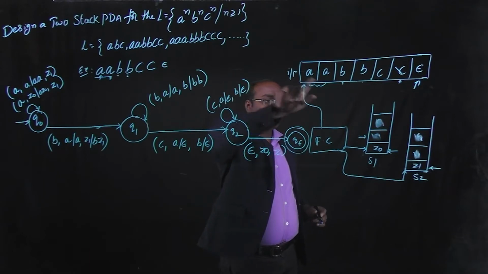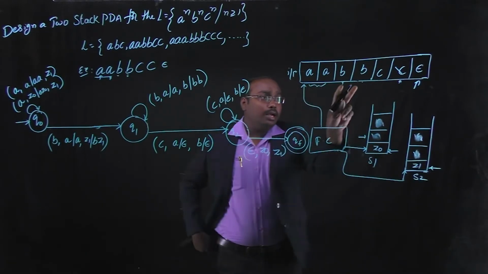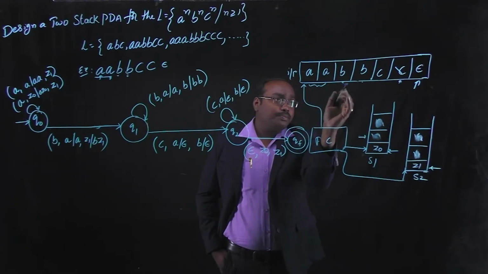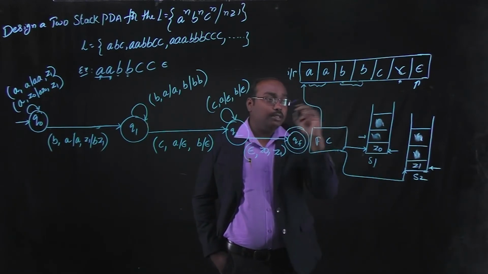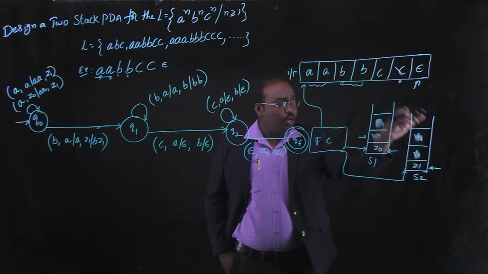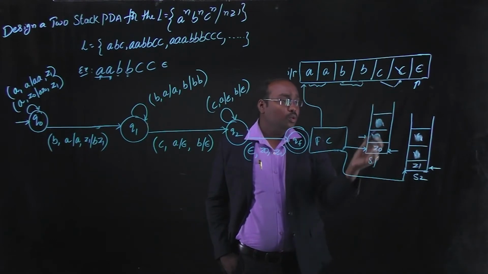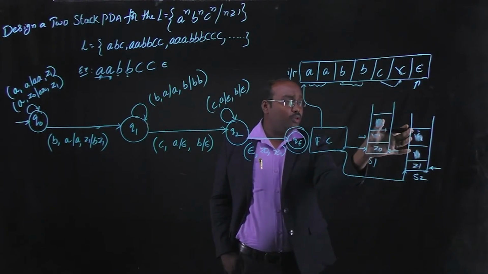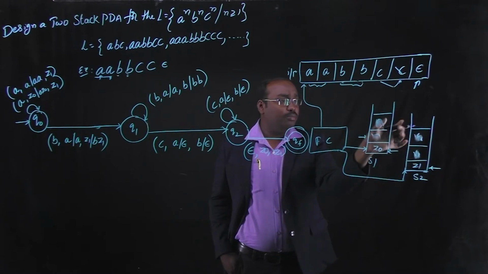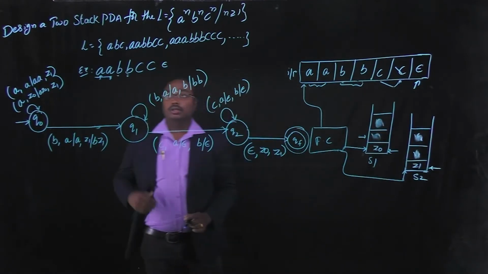That means A should be pushed onto stack 1, and then next, all B's should be read. That means B should be pushed onto stack 2. Next, for every C, we can remove elements from both stacks. A and B should be removed from both stacks. Okay, this is the logic to construct a 2-stack PDA.